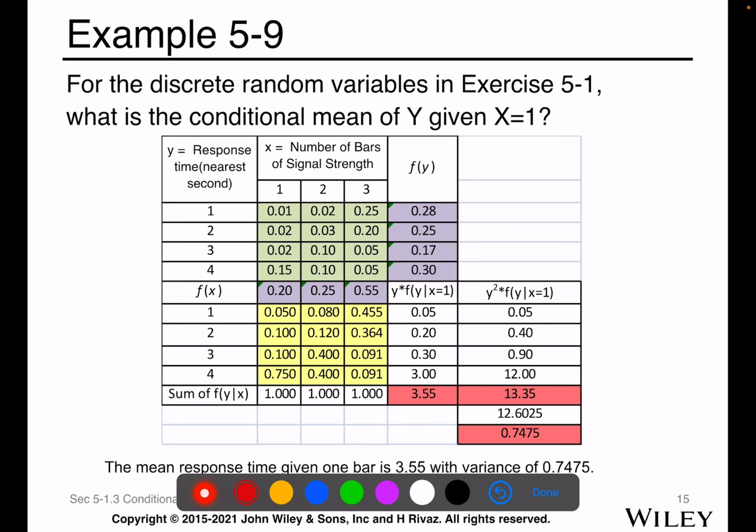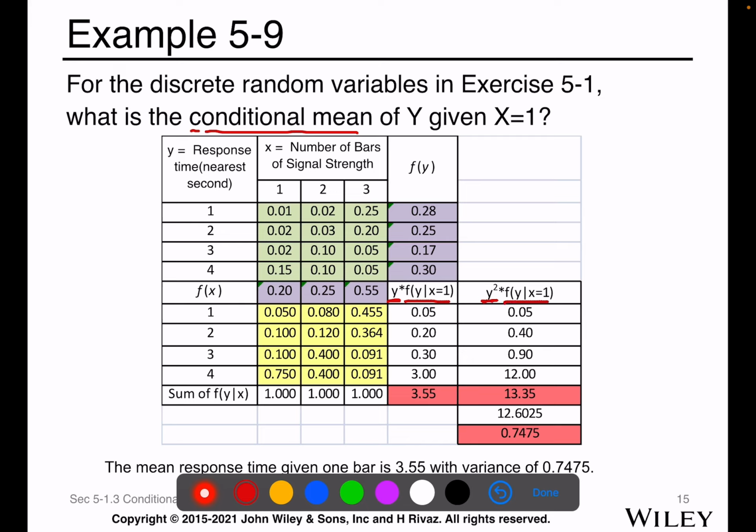This question doesn't need the variance, right? It just wants the mean. But let's say we also wanted to calculate the variance. The procedure is quite similar. To calculate the mean, we calculated y times f of y given x. To calculate the variance, we also have to calculate y squared times f of y given x.